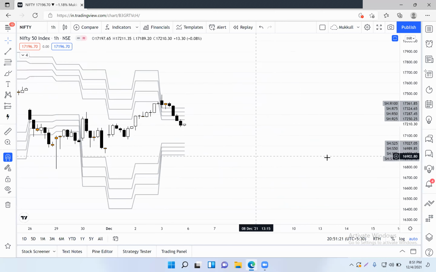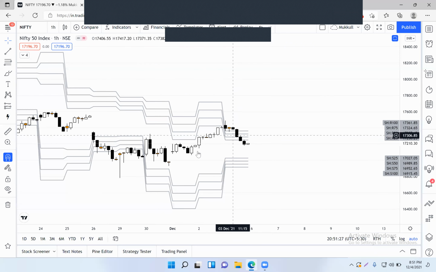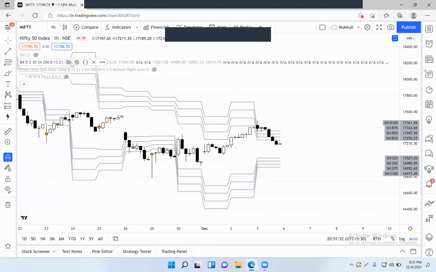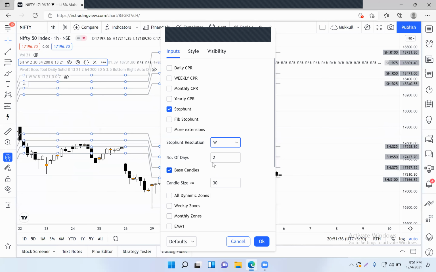Currently, if you see, Nifty is trading on the upper band of stop loss, that is the resistance band, and that's already crossed. So we will move into a higher time frame just to check if there is any confidence left.